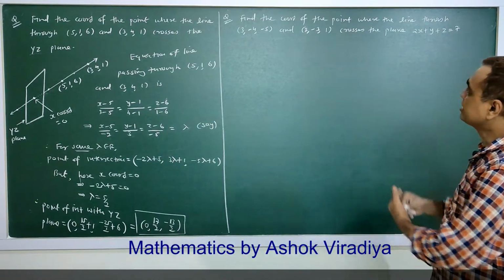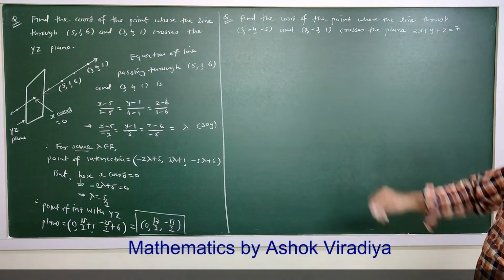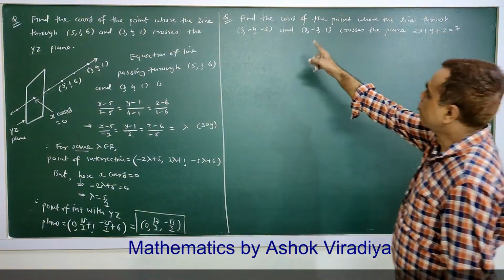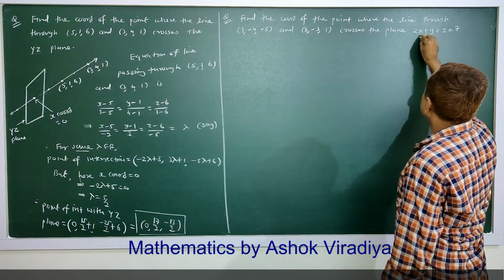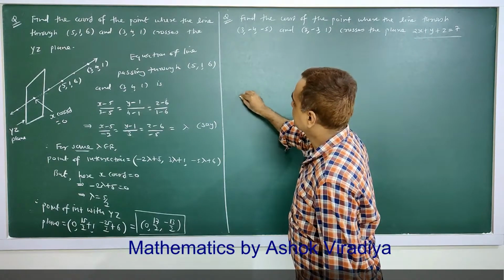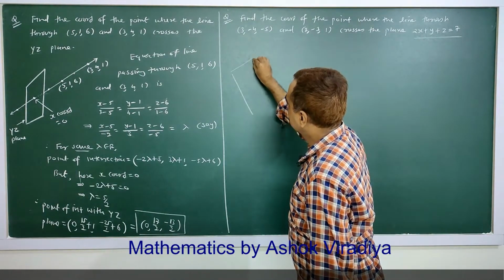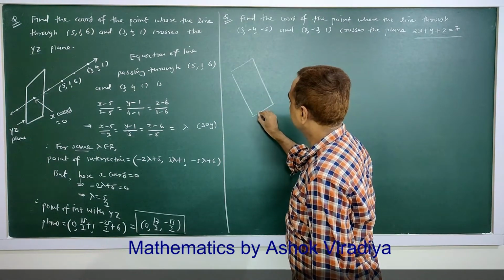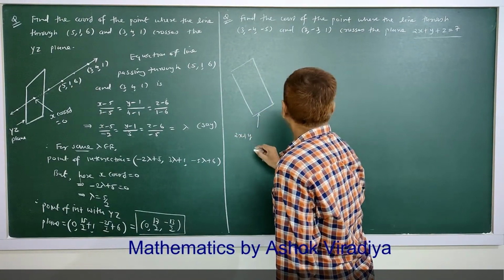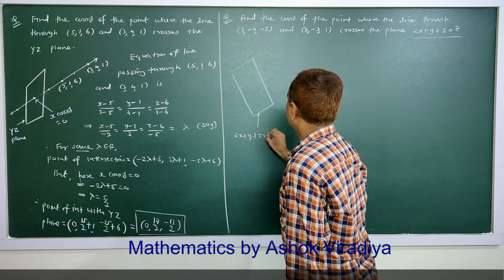One more question on a similar method. Find the coordinates of the point where the line through these 2 points crosses this plane. Here the equation of the plane is given. Suppose the equation of this plane is 2x plus y plus z equal to 7.